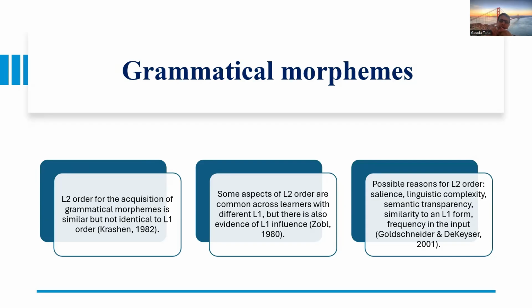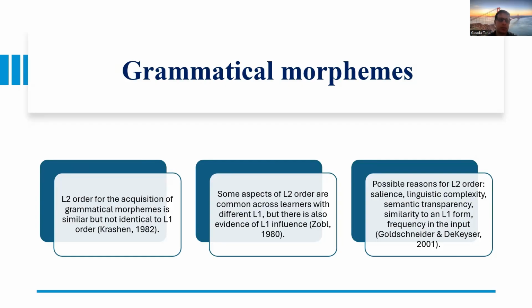The way the child acquires the grammatical morphemes is quite similar to the stages of the learning process that the second language learner goes through. Even some aspects of second language order are common across learners with different linguistic backgrounds. However, there is some evidence also of the influence of the first language.